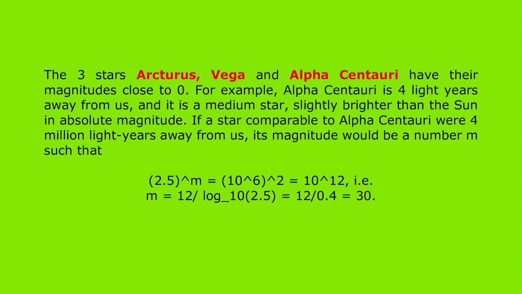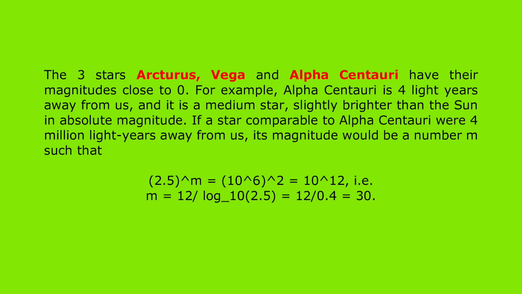If a star comparable to Alpha Centauri were 4 million light-years away from us, its magnitude would be a number small m such that 2.5 to the power m equals 10 power 6 squared, which equals 10 power 12, which means that small m is equal to 12 divided by the decimal logarithm of 2.5, approximately equal to 12 divided by 0.4, equal to 30.